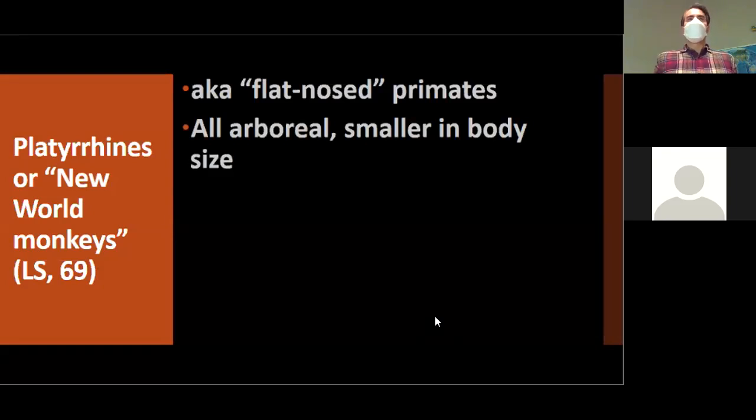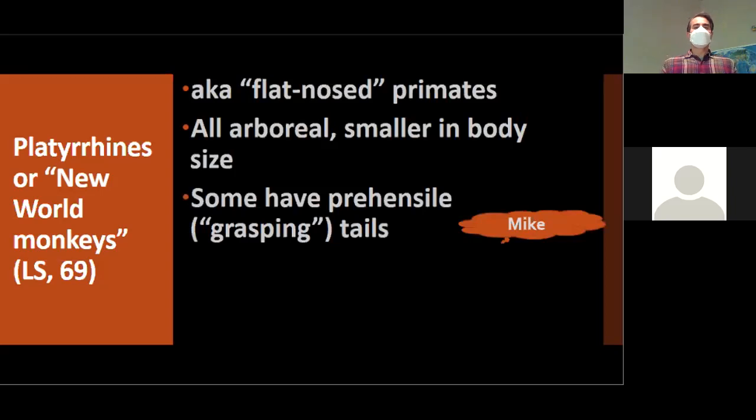They're all arboreal, so they are all in the trees. They are generally, with some overlaps, smaller in body size than some of the Old World monkeys. And some of them have, as one of you noted, prehensile tails.